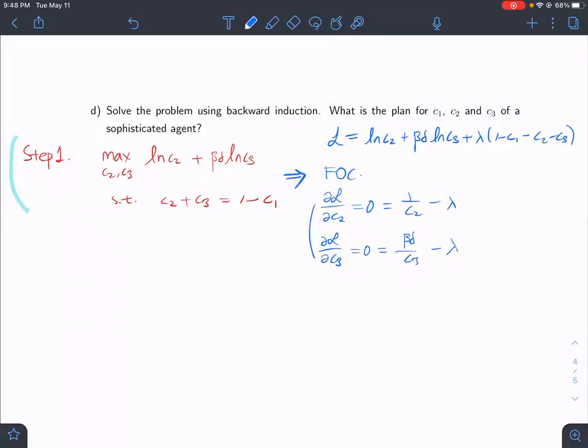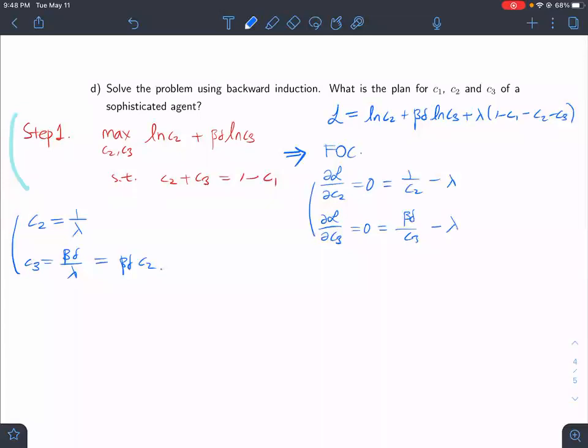So the C2 plan is actually the C2 actual. So it's the same, so let me just drop this. C2 is 1 over lambda. And then C3 is beta delta times 1 over lambda, which is beta delta C2.